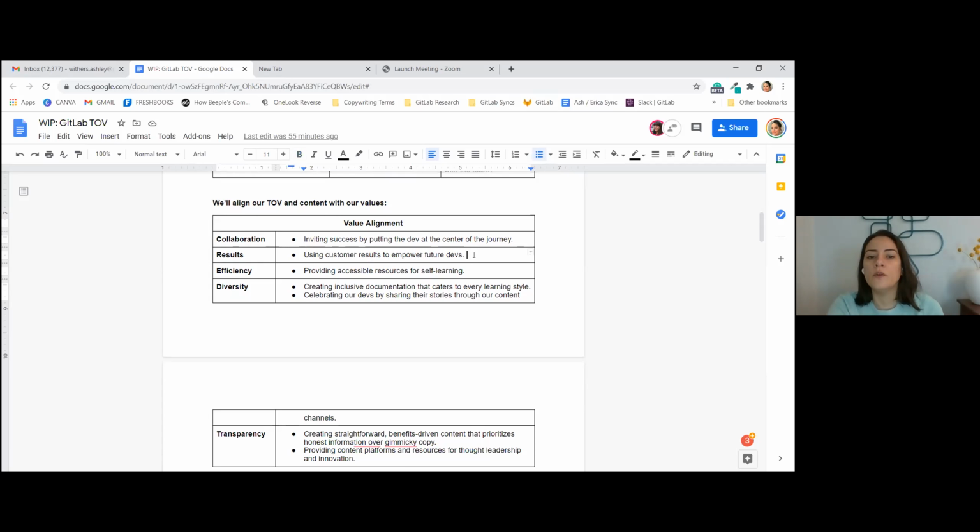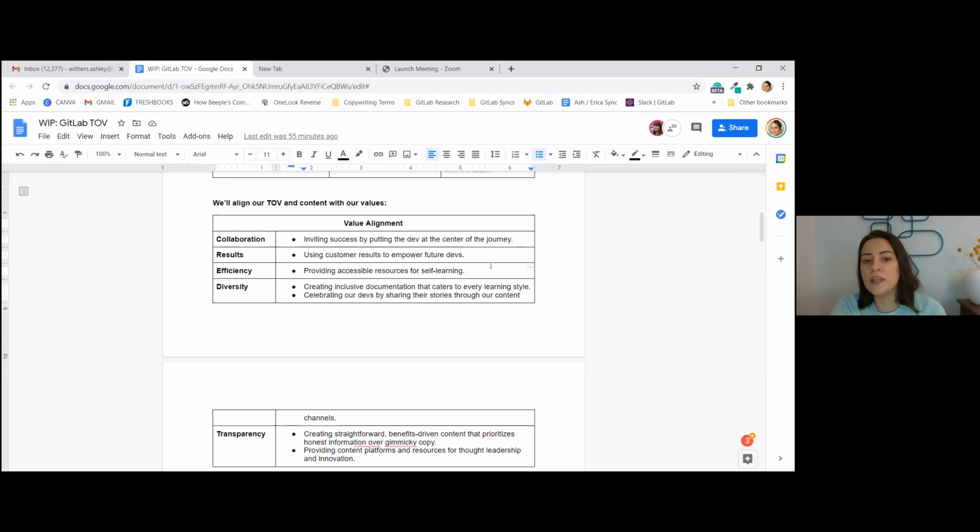Then for results, we're using customer results to empower devs. This is something that I'll expand on when we get to the specific examples. For efficiency, providing accessible resources for self-learning. And I'll actually expand on this part a little bit in the foundational stuff below.